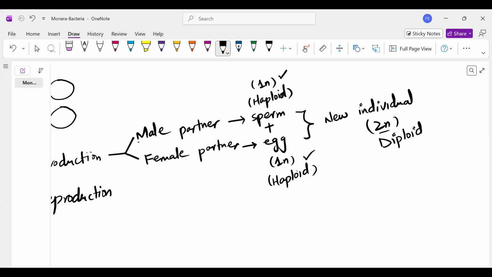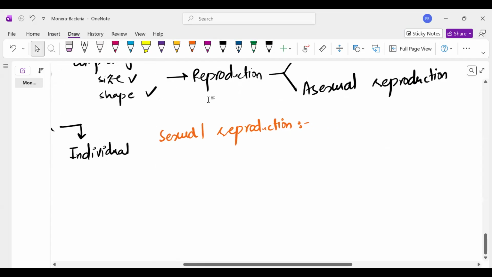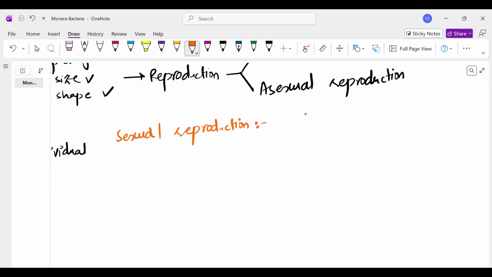So in sexual reproduction, I can write the definition over here. In this chapter, on the characteristics of living organisms, there will be a paragraph on sexual reproduction. You can study from there as well.